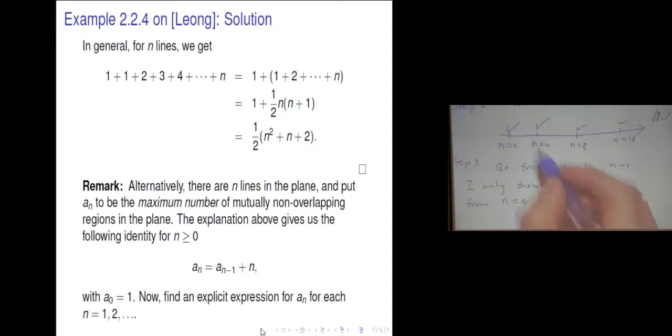So this one gets ticked. Now the claim is the same argument shows that from n equal 8, you can go to n equal 7, and then from 7 you can go to 6, and the same thing here. So by going backwards, you can fill out the gaps.